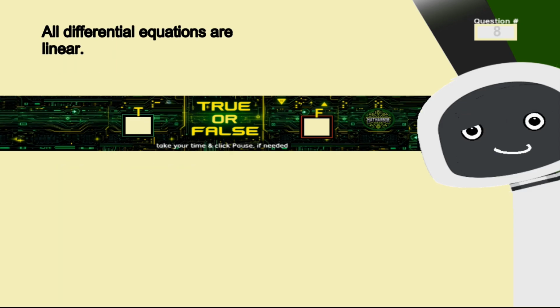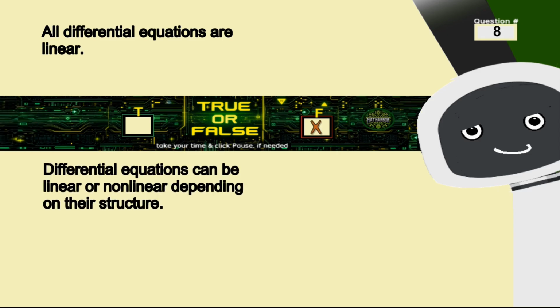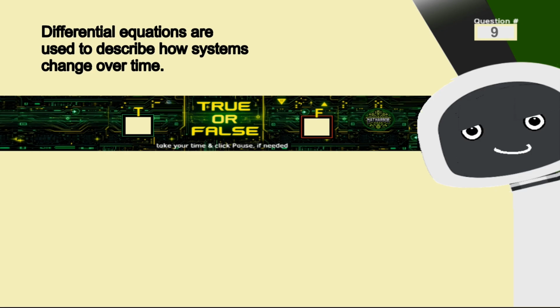True or false? All differential equations are linear. Not true. Differential equations can be linear or nonlinear, depending on their structure. True or false? Differential equations are used to describe how systems change over time.